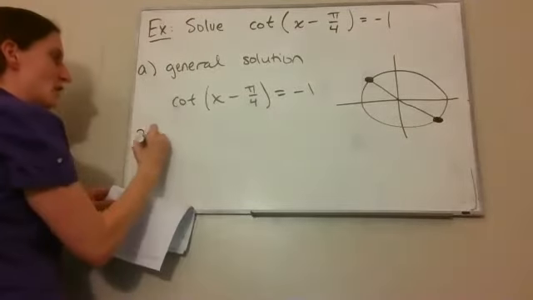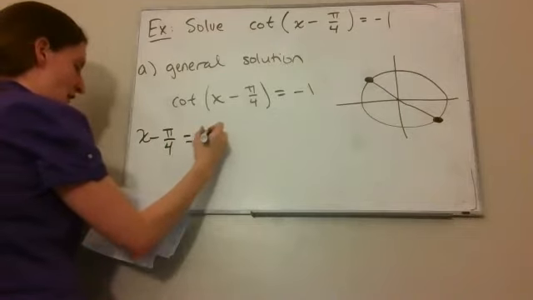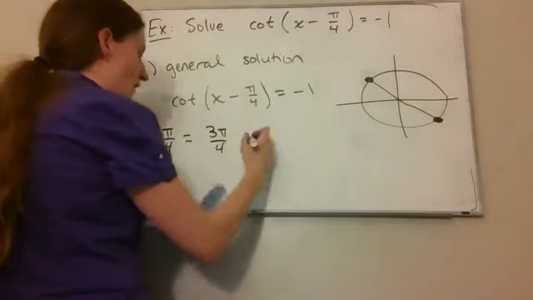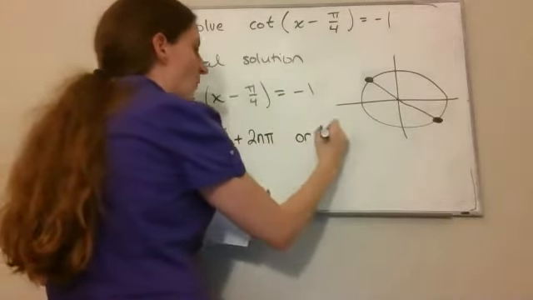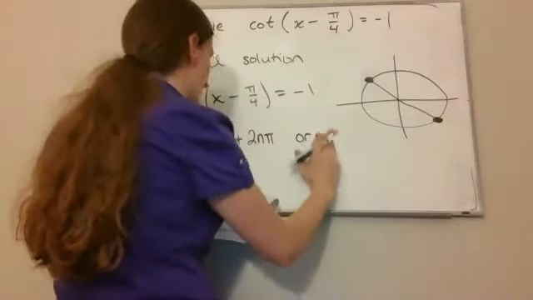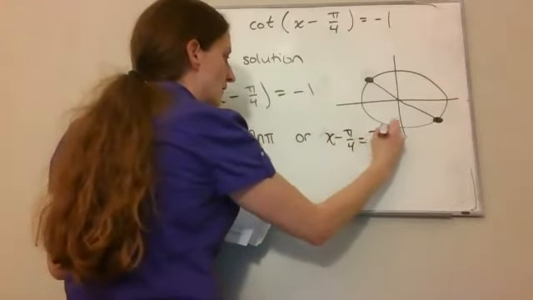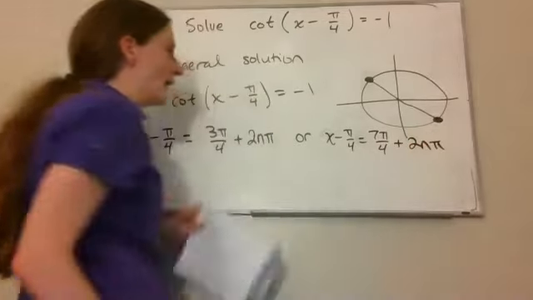So I know the input of my cotangent has to be either equal to 3 pi over 4 plus all the multiples of 2 pi, or it's going to be equal to 7 pi over 4 plus multiples of 2 pi.